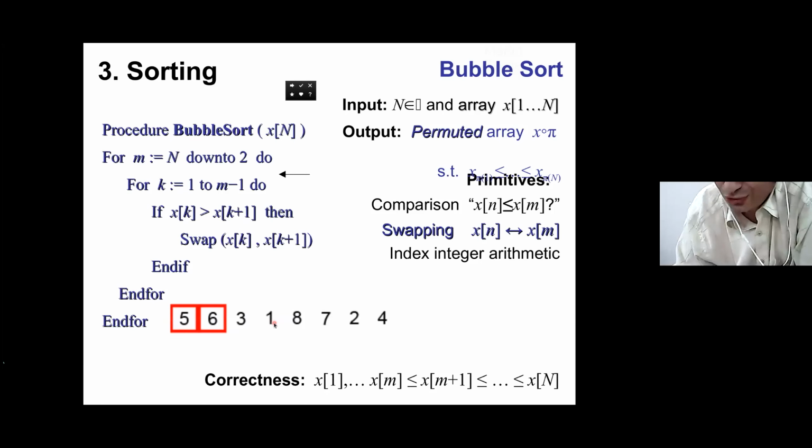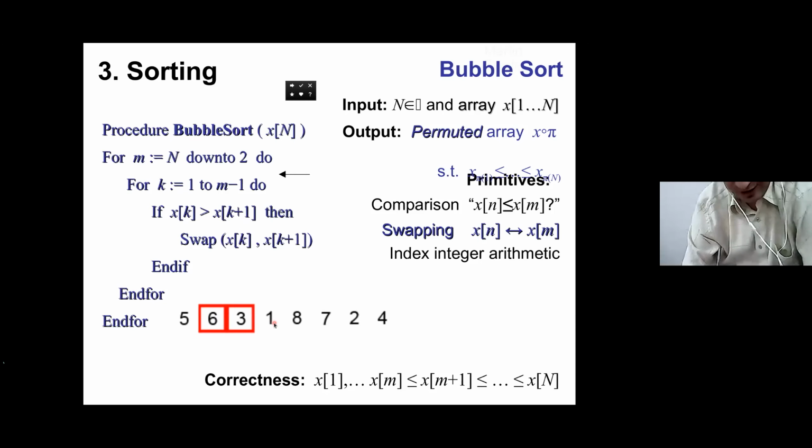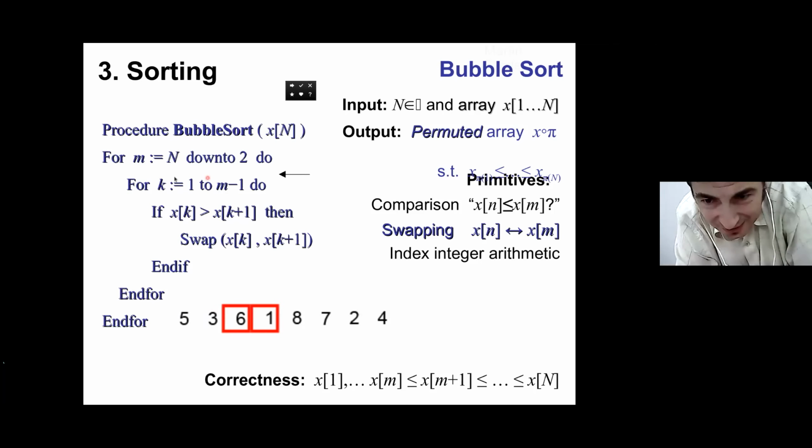Now, why is this correct? I explained this, but it is written one more time here. What this loop accomplishes is that xm is the largest among the first m elements.